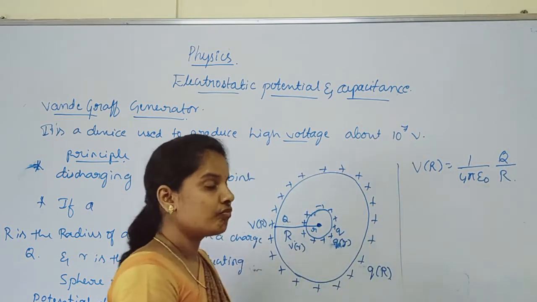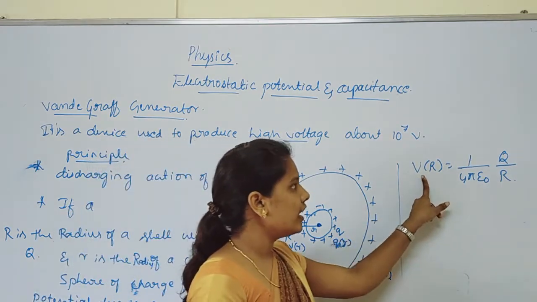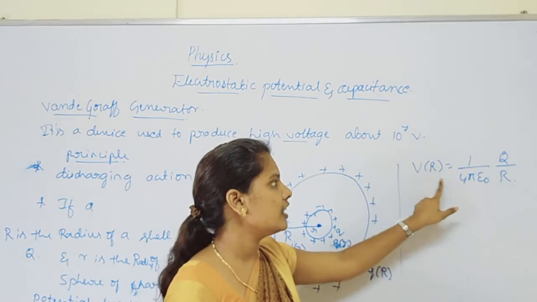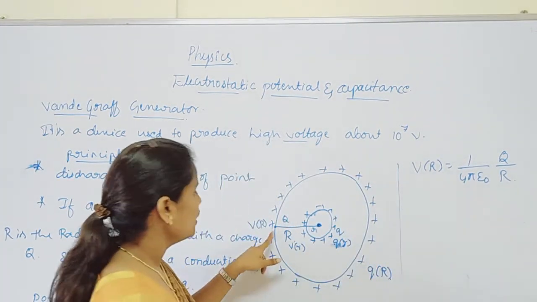So this is the potential due to a charge Q on the surface or inside the shell.